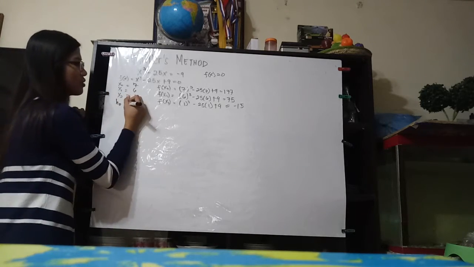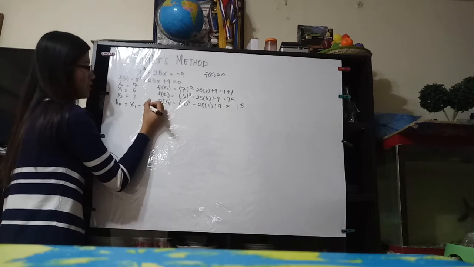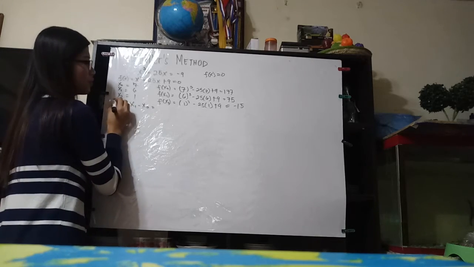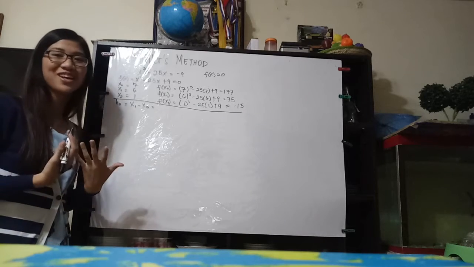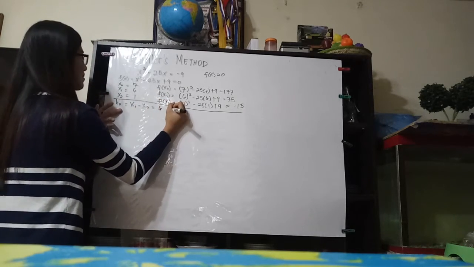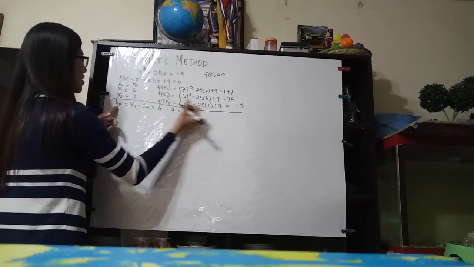So for h0, that would only be x1 minus x0. I just want to put a line here so that you don't get confused, or I don't get confused rather. So x1, that would be 6 minus 7. Our h0 would be -1.